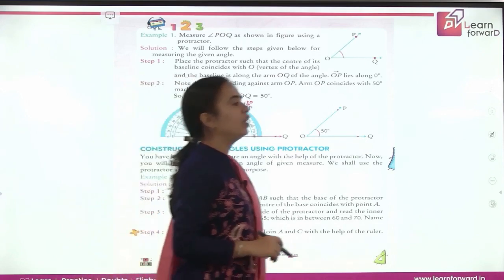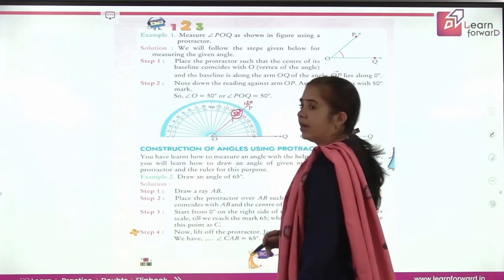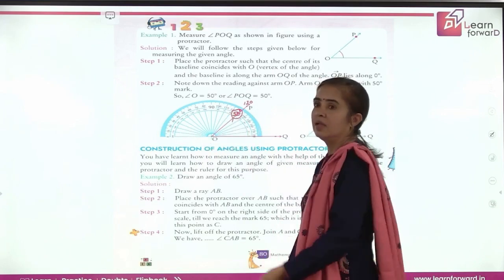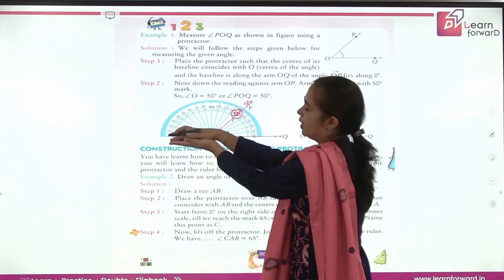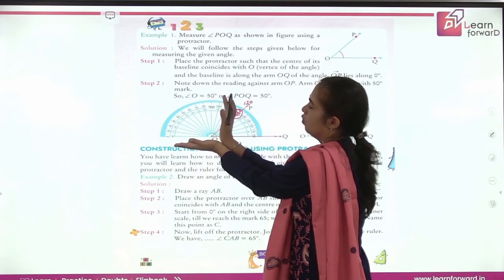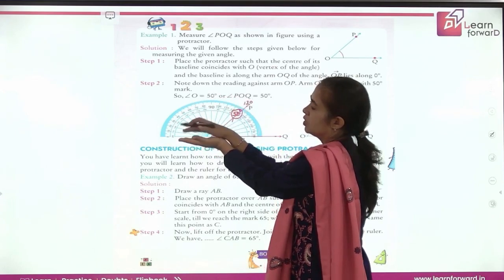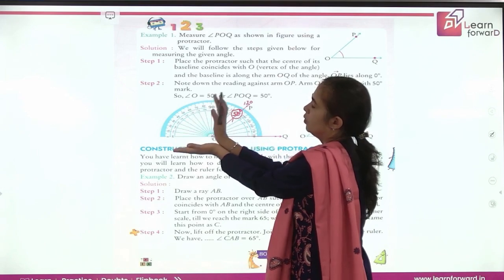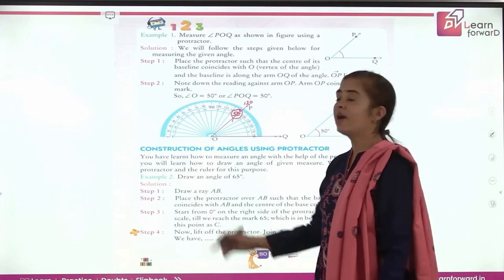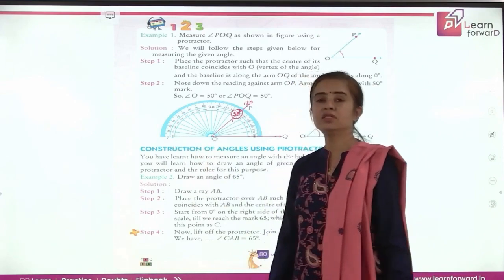But if I look at the other side and I have the baseline of the angle here. Now, if I open my other arm of the angle like this, where is it going? It is going from 0 up to which number? Now it is going up to 130. Why am I reading from 0 this side now?